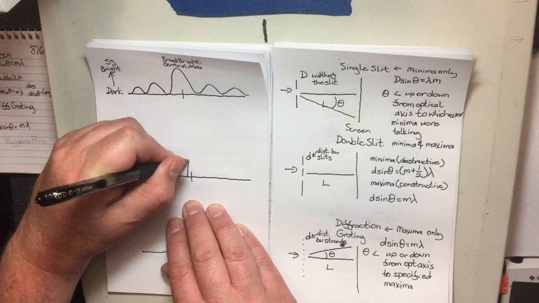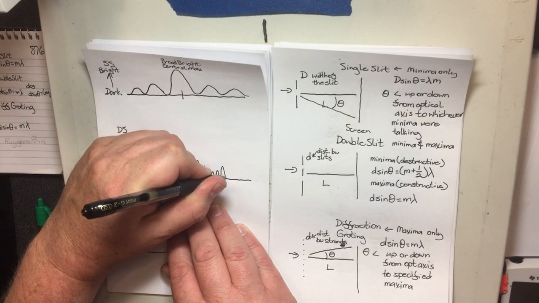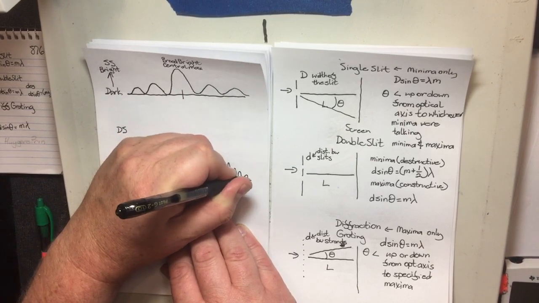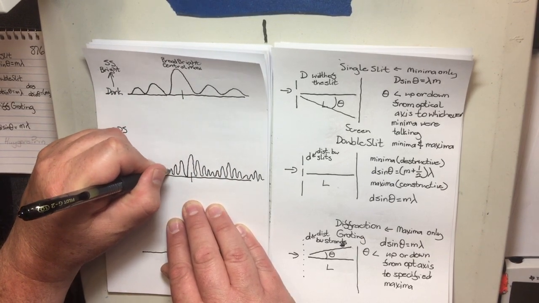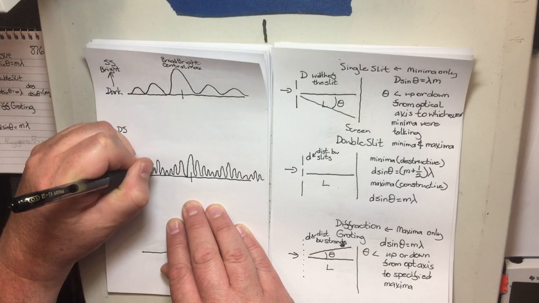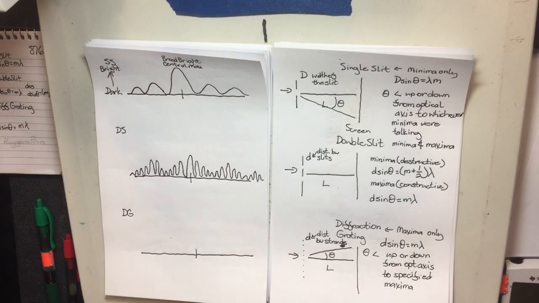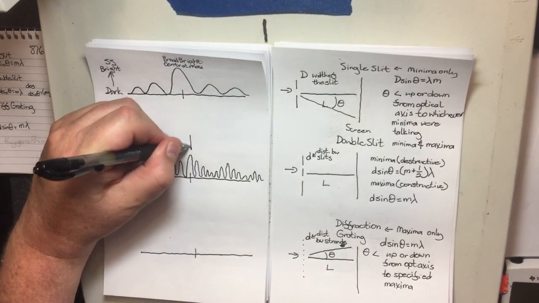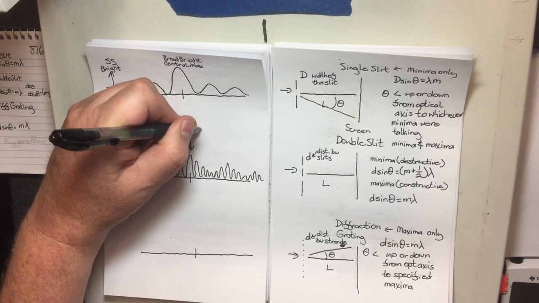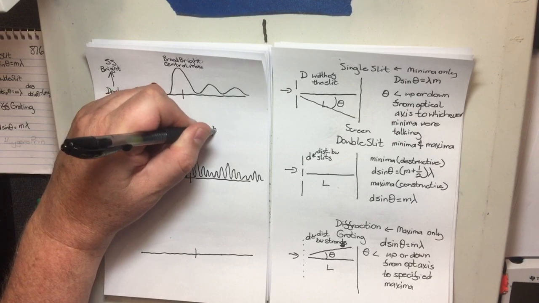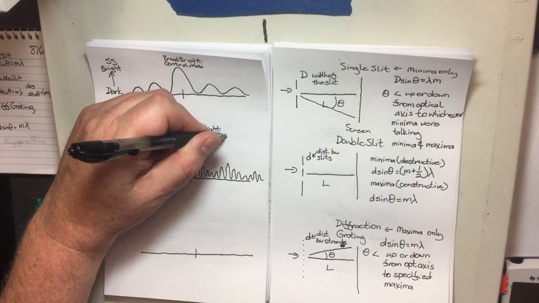For a double slit, it looks like this. I'm drawing it horribly. So what you've got is a narrow, bright, central max.